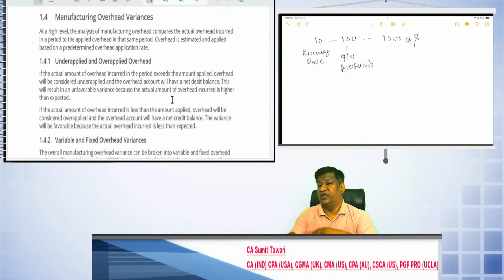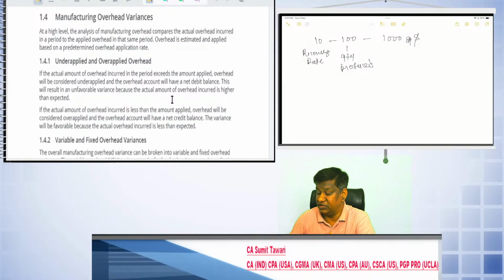Okay. See, again, keep in mind why we absorb or charge the production overhead: because we don't know how much cost we need to apportion to the particular product. So that's why we need to charge. I mean, we create a pool of all indirect production overhead cost, and we consider one basis. Sometimes it is direct labor, or sometimes it is the quantity produced.